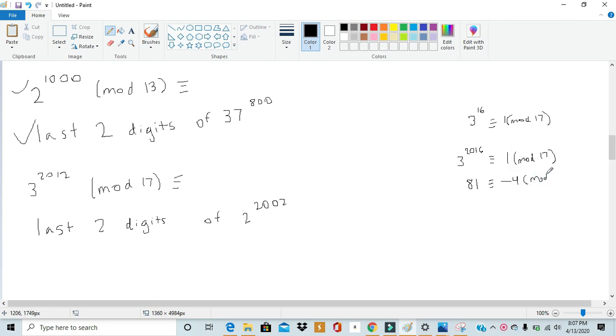Now, what number would multiply with negative 4 to get 1 mod 17? Well, 4 times negative 4 will give us negative 16, which is 1 more than a multiple of 17, telling us if we divide this, we're going to be left with 4 mod 17.